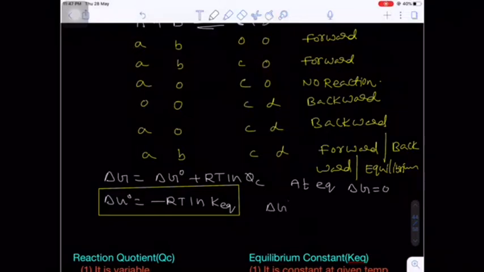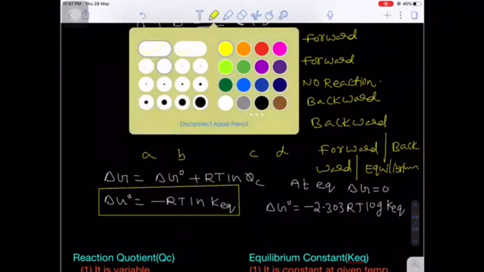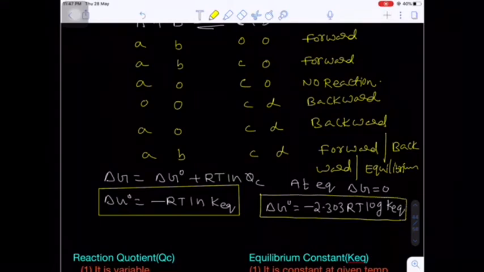That means delta G naught is equal to minus 2.303 RT log of K equilibrium. Okay, this is a very very important relation between the standard Gibbs energy change and the equilibrium constant.